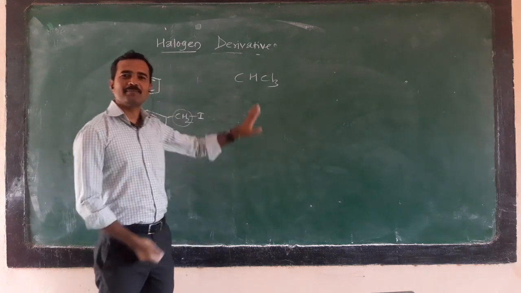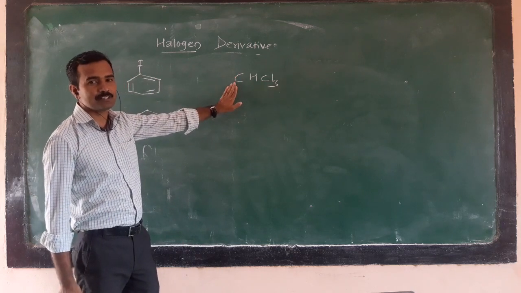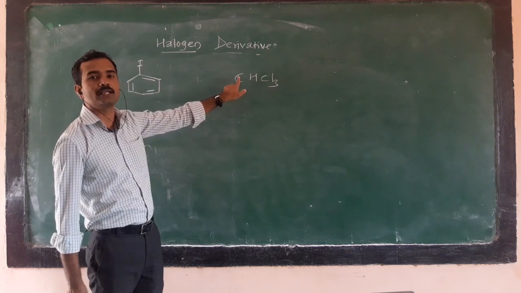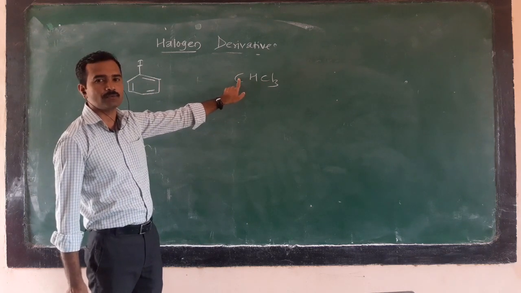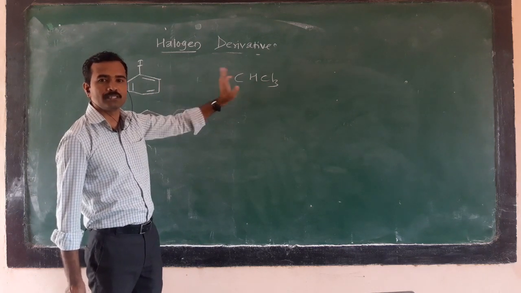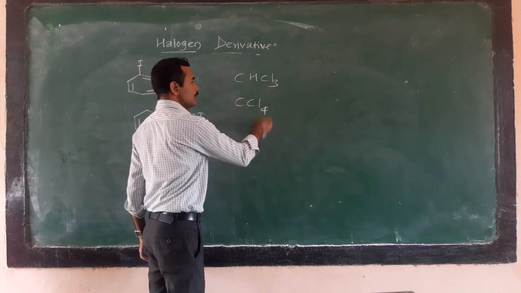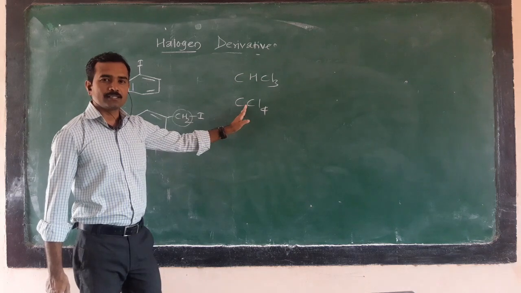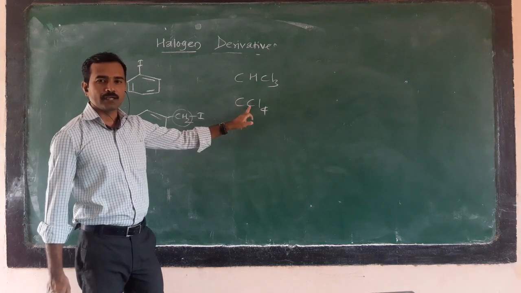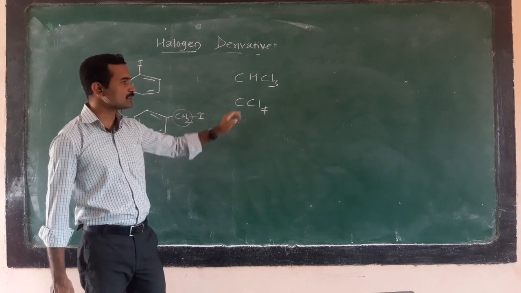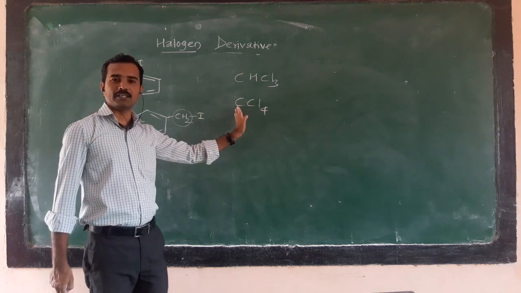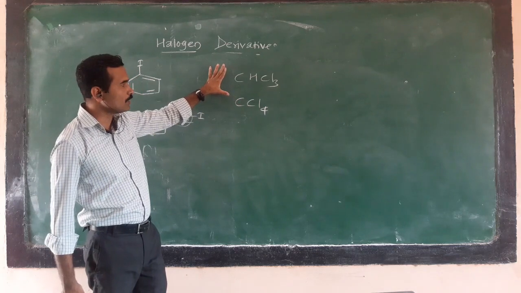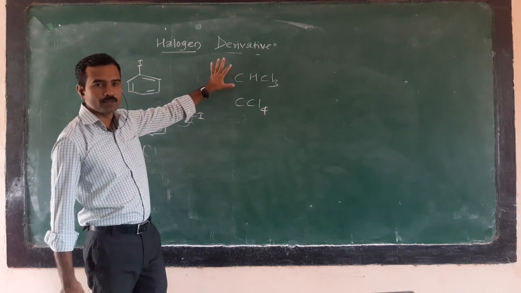In the common system, it is named as chloroform, but in the IUPAC system, 3 hydrogen atoms of methane are replaced by 3 chlorine atoms, so trichloromethane. Once again, CCl4 is carbon tetrachloride in the common system, but in the IUPAC system it is named tetrachloromethane.